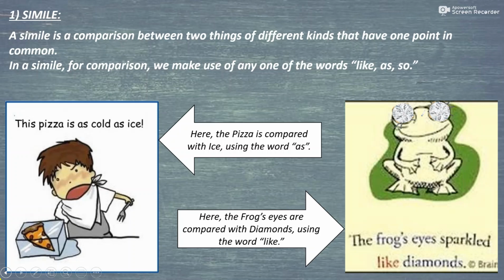They are being compared on the basis of one common point, and the point is sparkling. Since we are comparing these completely different things by using the word like, we say that the sentence is simile. Let's move to the second figure of speech.